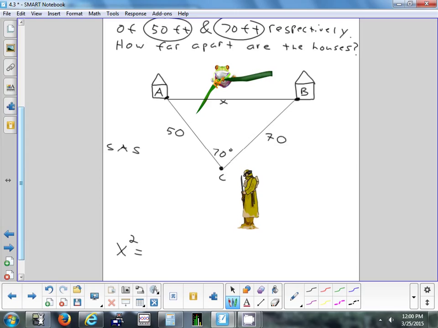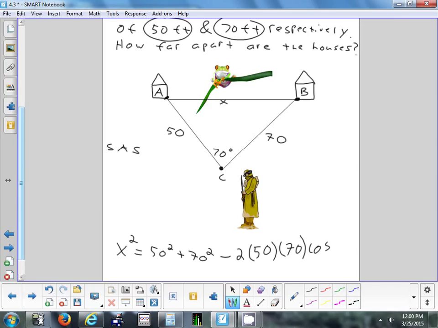So now we're going to just use all these numbers. So 50 squared. 50 squared? Good. 1 side squared equals the sum of the other 2 squared minus, what would come next? 2 times 50 times 70. Good. 2 times the sides you just used right before. 50 times 70 times the cosine of what angle? 70.